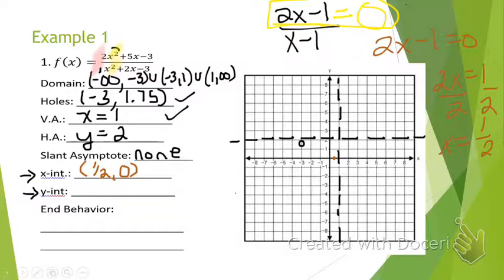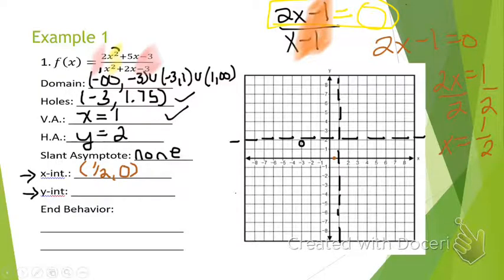Okay? Now, my y-intercept are my constants, okay? And we can look at them in two places. Now, if you're in my class, I had you look at them from the original function, right here. -3 over -3. What does that equal? That equals a +1. Now, would it matter if I looked over here at the reduced fraction?